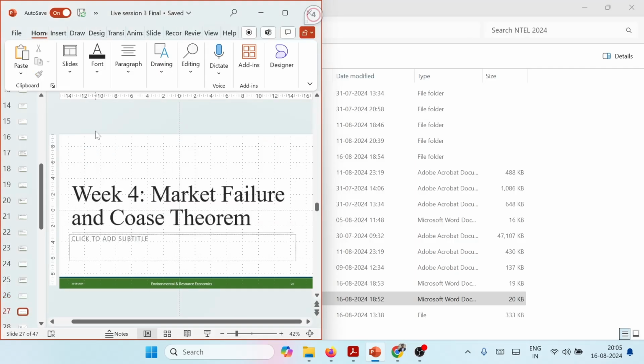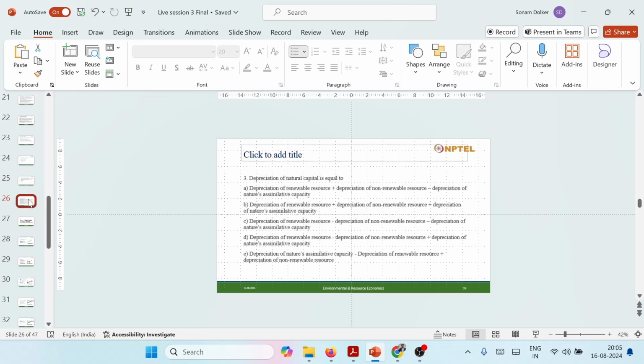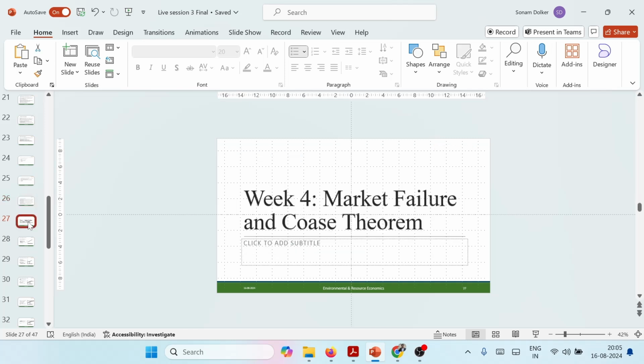Okay, so now this is the end of week 3 lecture. In week 3, we have learned about the indicators of sustainable development, and then we tried to incorporate the usage of renewable and non-renewable stocks in the total economy indicator. And then genuine saving is there.